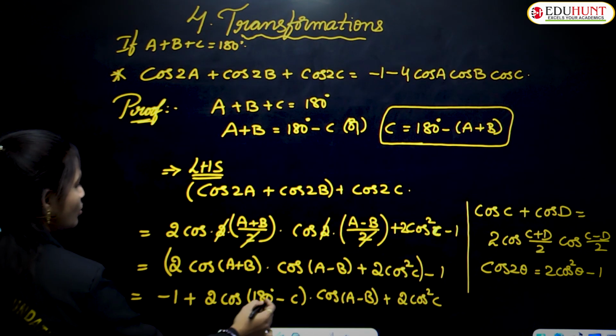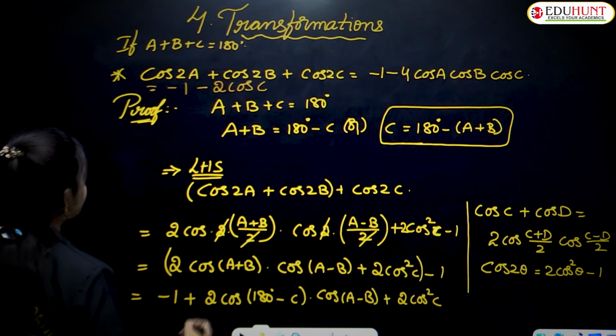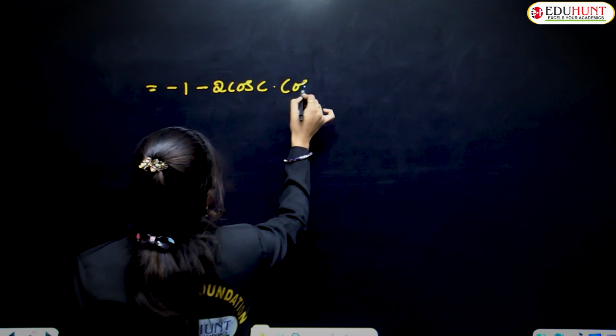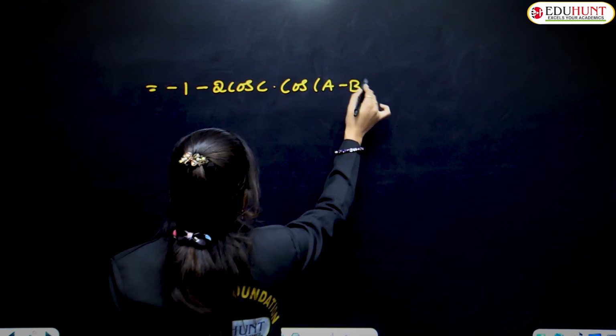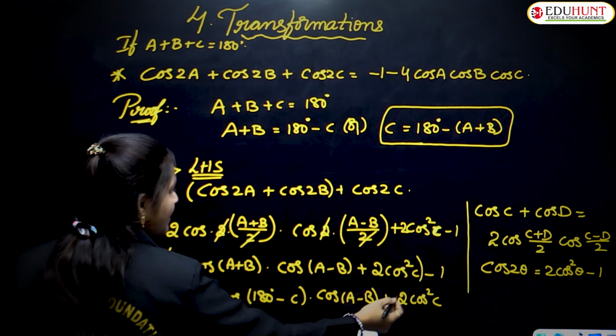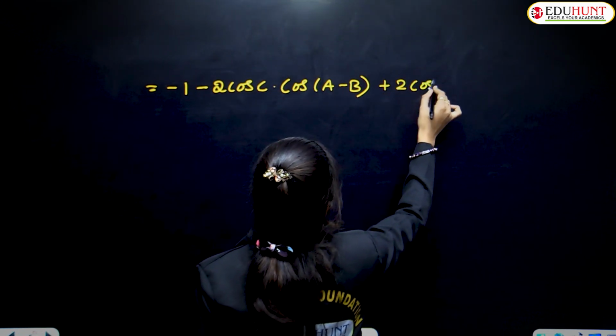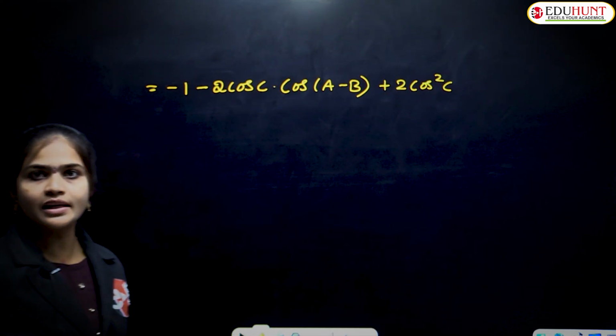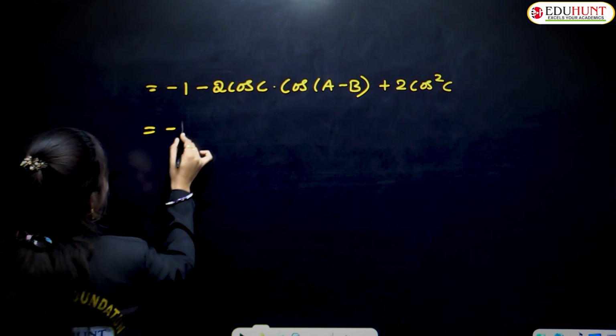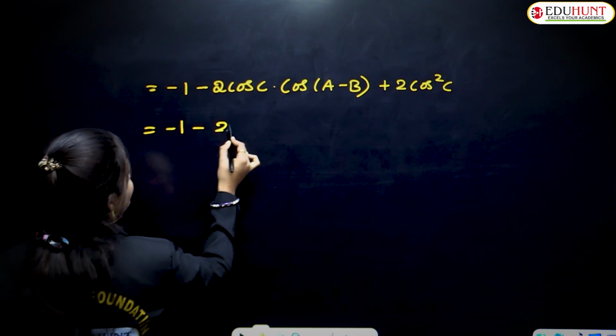Minus 2 cos c into cos of (a minus b), plus 2 cos square c. Am I clear? So from this, minus 1 minus 2 cos c.